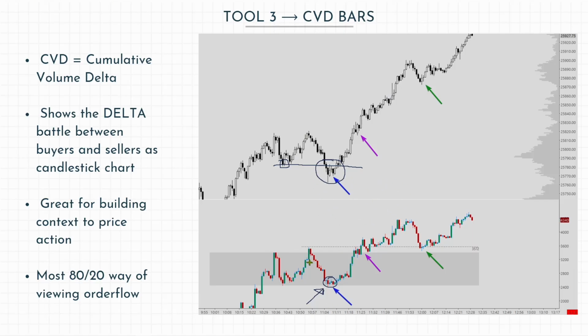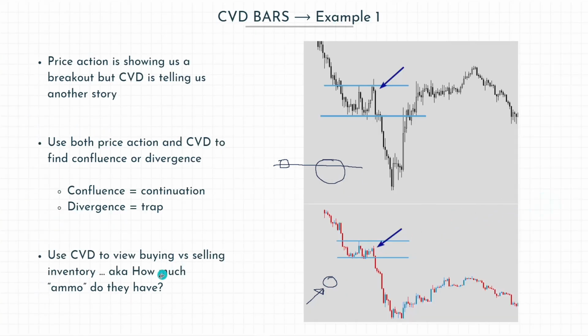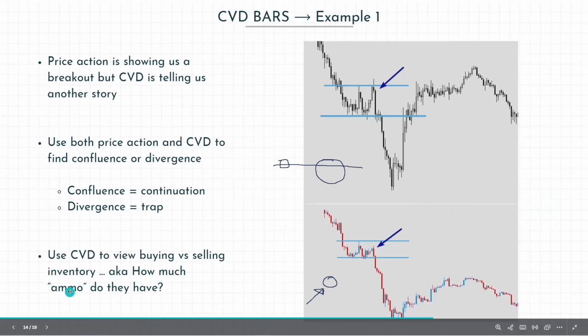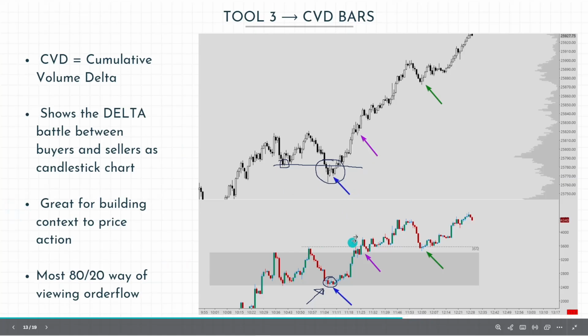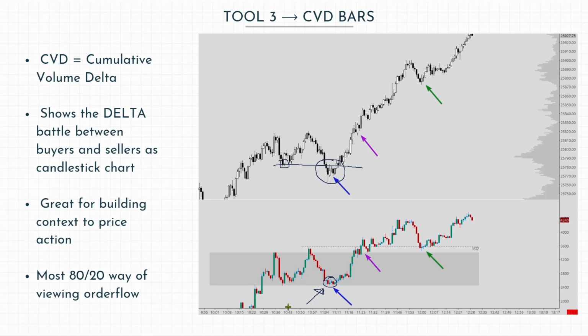I want you to think of this like a treasure chest, or a bunch of inventory that they have. I think I used ammo, right? How much ammo does the seller have? How much ammo does the buyer have? You can represent that through these candlesticks.